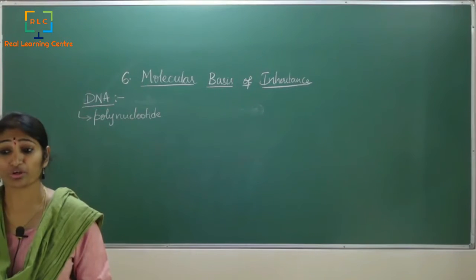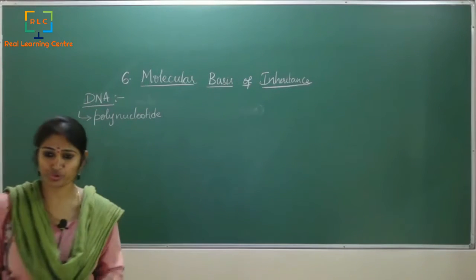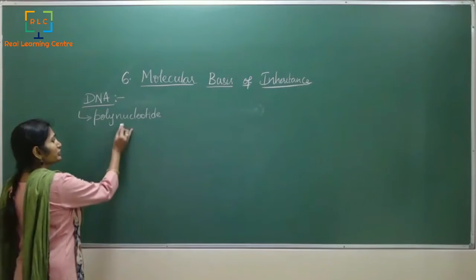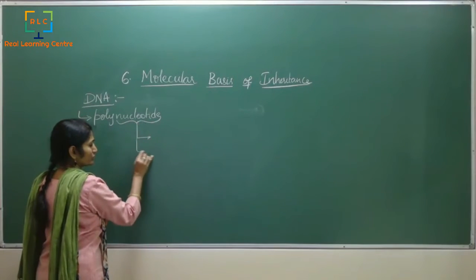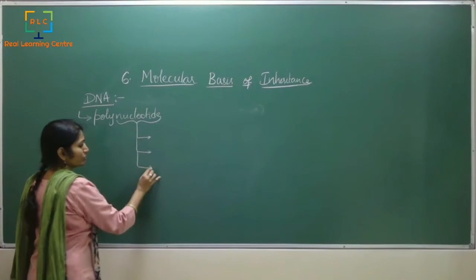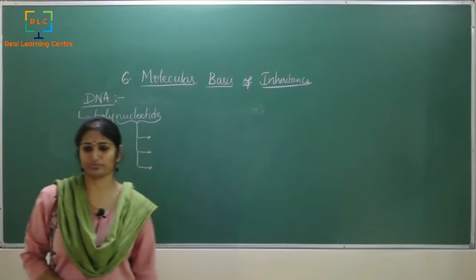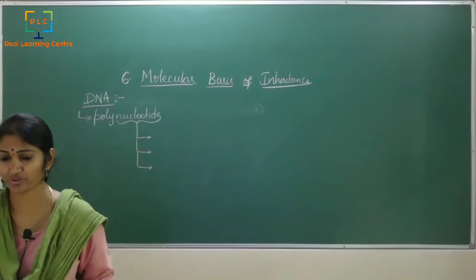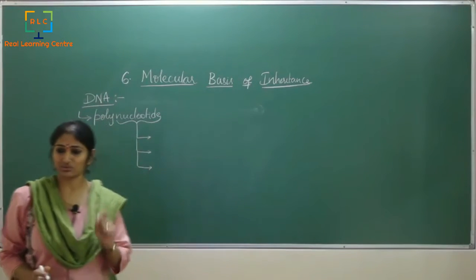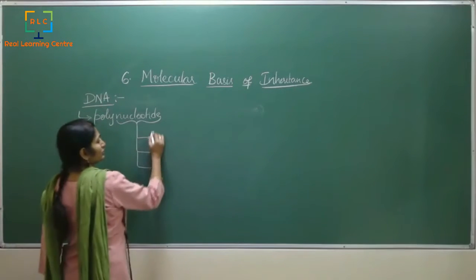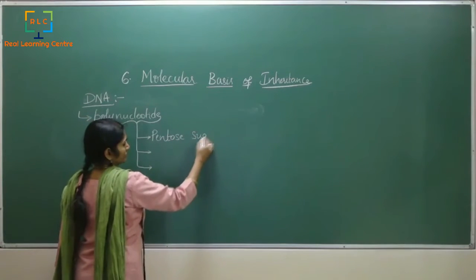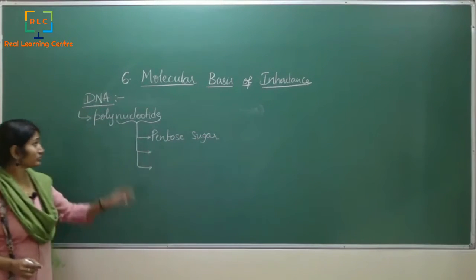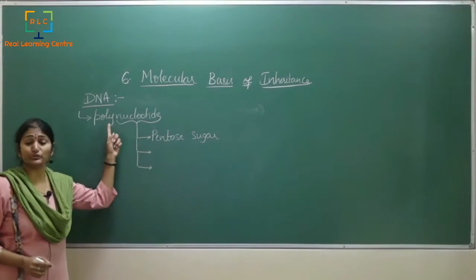Whenever I am talking about a nucleotide, you should know that this nucleotide is a component which has three important regions. The first important one is a pentose sugar. This is not only for DNA, this is the common thing I'm telling for polynucleotides.